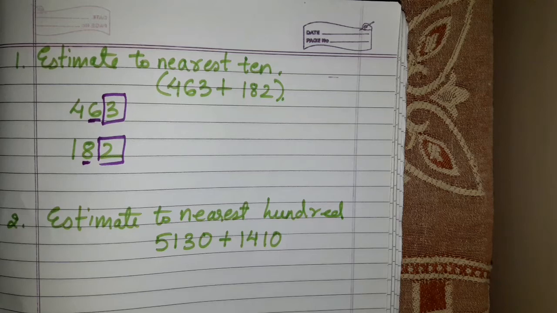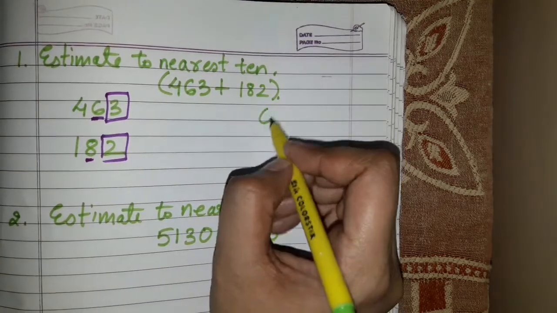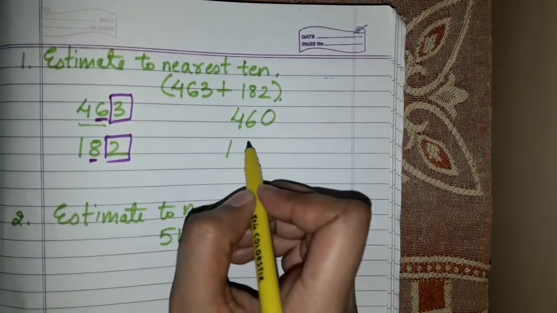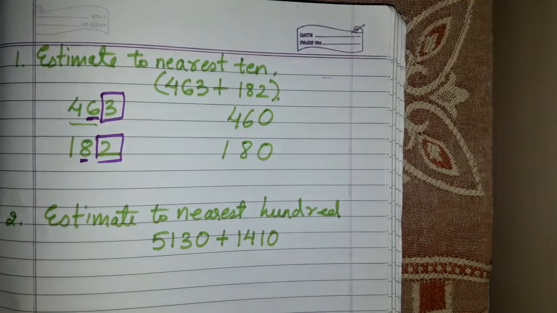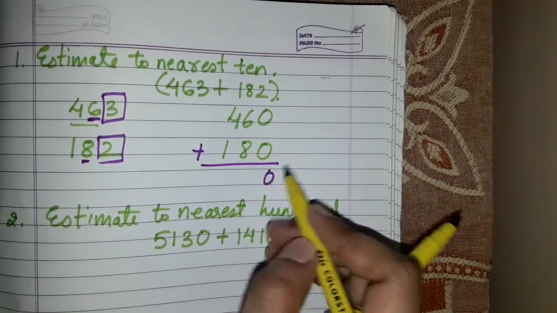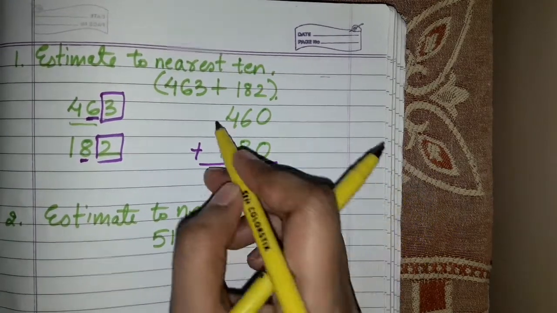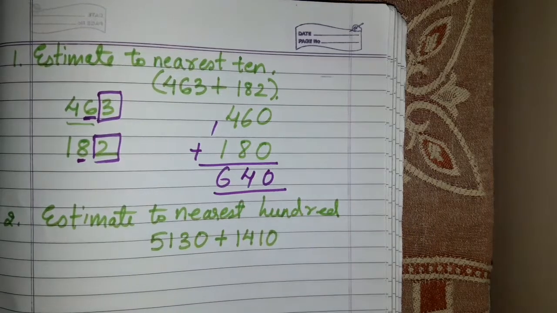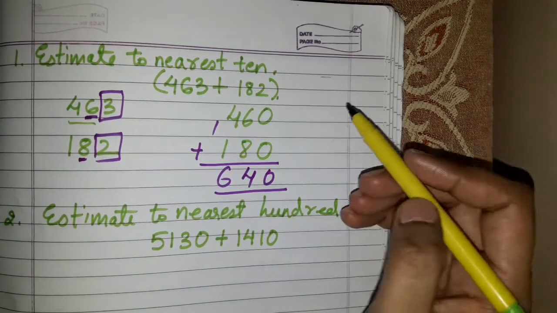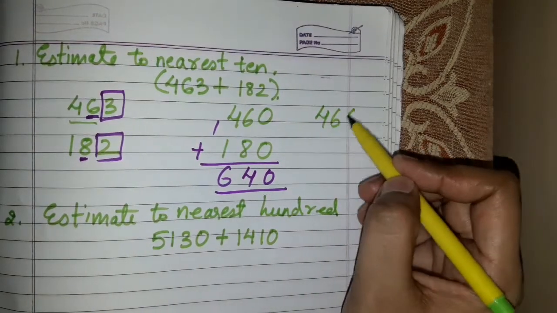If it is less than 5, it will become 0 and the rest of the part will remain the same. And we have to take out the sum. So let's do the addition. 0 plus 0 is 0, 8 plus 6 that's 14, and you will get the answer 640. Suppose the same question is there, now they are asking you to subtract. So simply subtract.